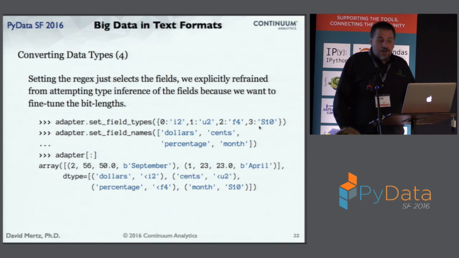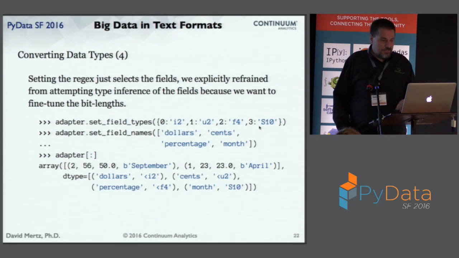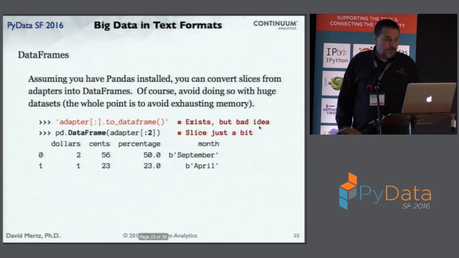But you see the data we're pulling off here is integer dollars and integer cents, and a percentage as a floating point, and I probably should have divided that by 100, but anyway, and a month as a string that's up to 10 characters. So we're massaging data as we're reading it in, and what we're pulling off is data frames.